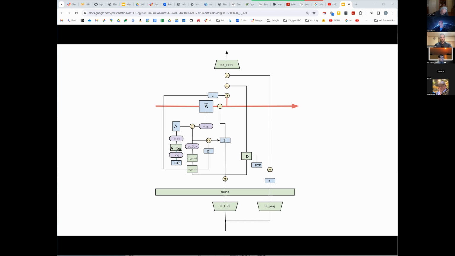It's just the diagonal is 1, 2, 3, 4, up through N. They initialize it, and when we look at the code, if somebody else has a different read on it, they can update us. But basically, they construct a matrix that's got diagonals 1 through N, and then they take a log of it, and that becomes this A log matrix, which it looks like they use to initialize a parameter.